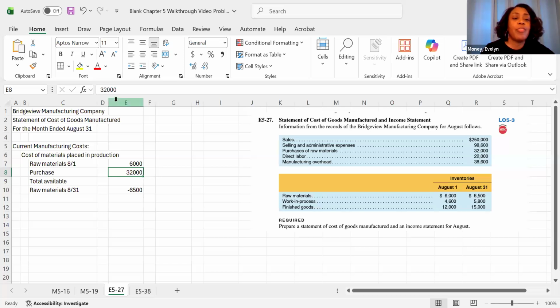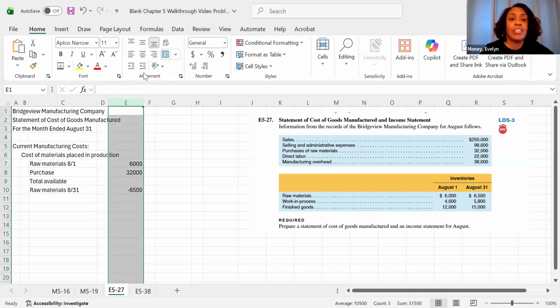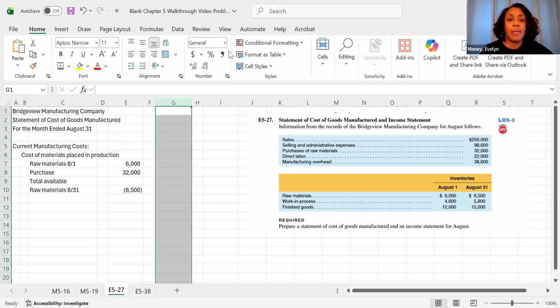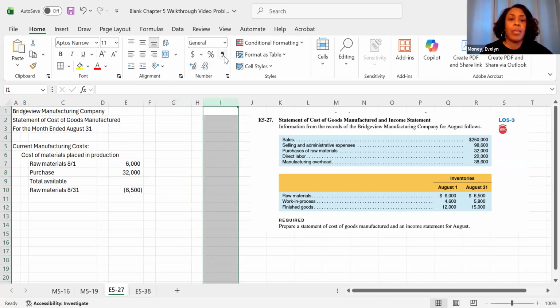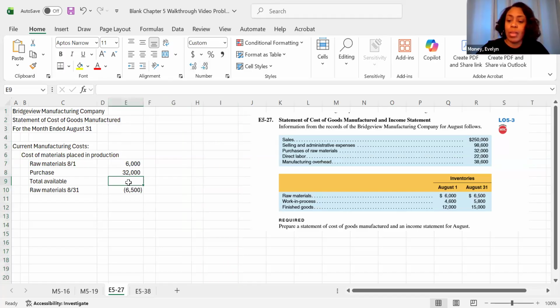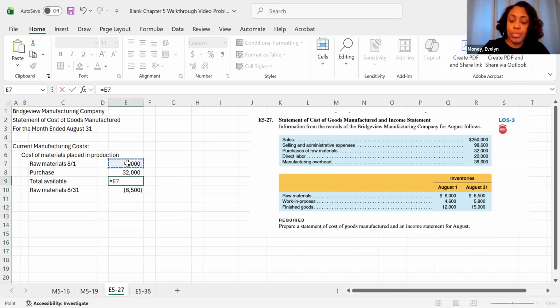Now let's do some math. First thing I need to do is make this look nicer. Some commas, because I'm starting to get confused already. All right, so we're going to add these two.